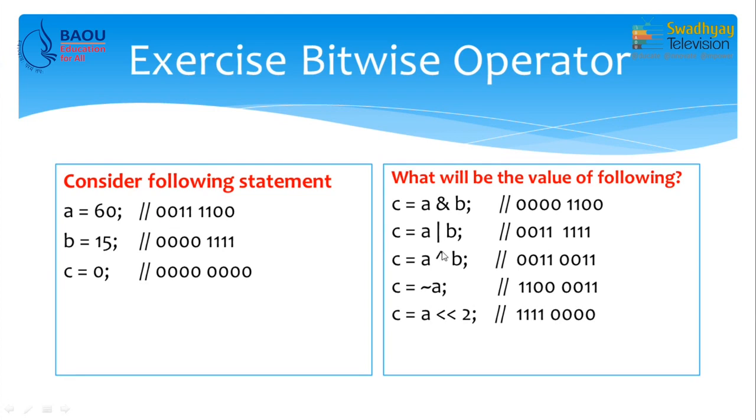So, we have 1 1 1 1 0 0 and the remaining last 2 positions will be filled with 0. Generally, this bitwise shift is used to perform multiplication. So, here it multiplies the original operand by 4.